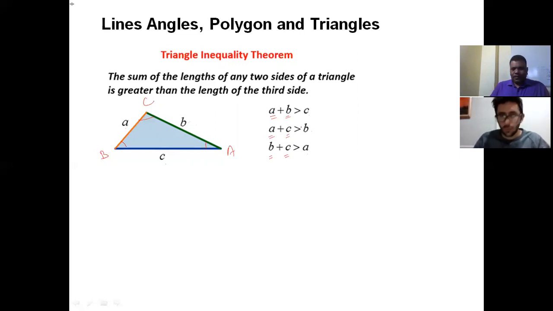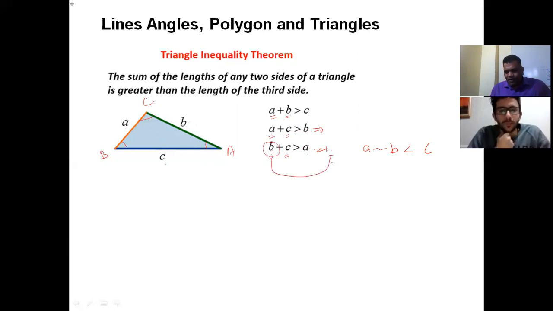And from here, if you see this one, if I keep a on this side, can we say a minus b is less than c? I transfer b from here to here.